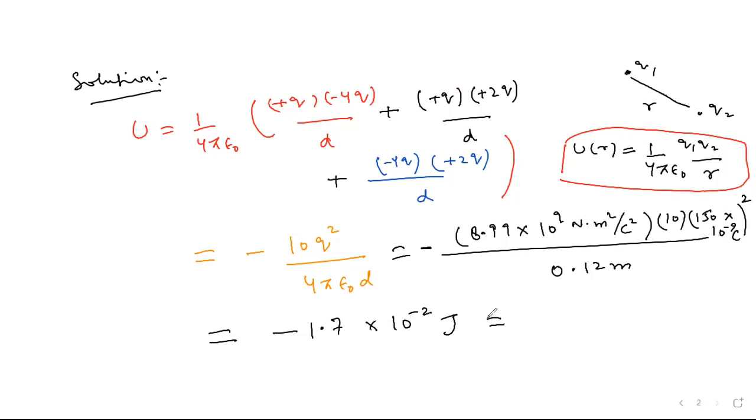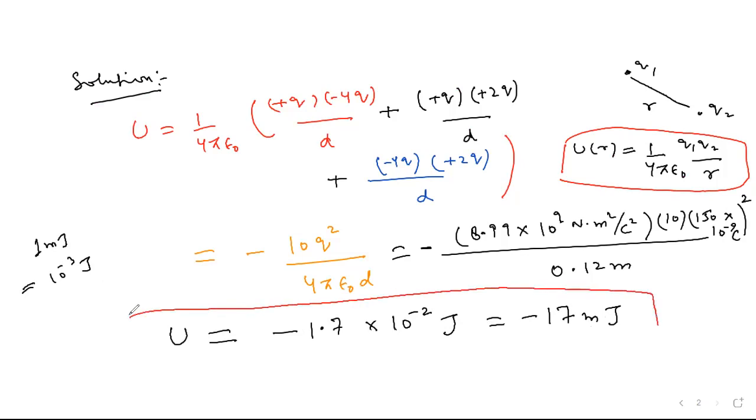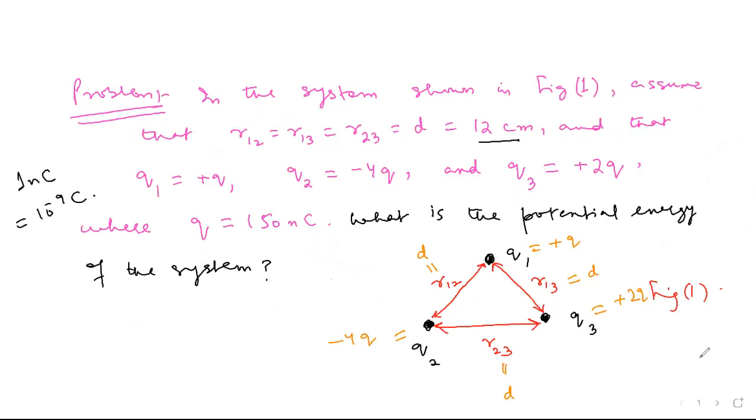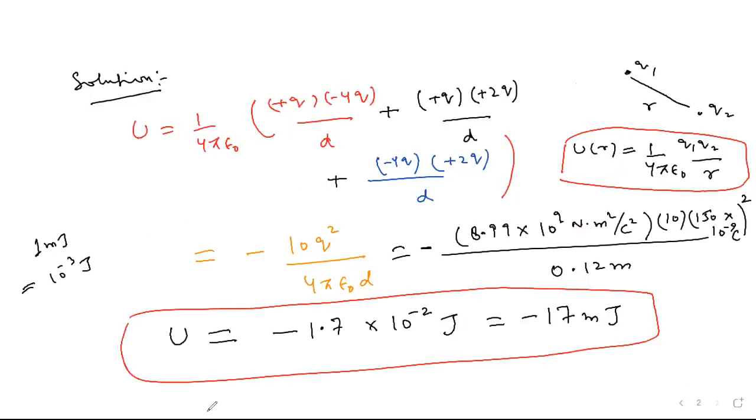I can write it as minus 17 millijoule. Remember, 1 millijoule is 10 raised power minus 3 joule. So this is the potential energy of the system of charges shown in figure 1, right?